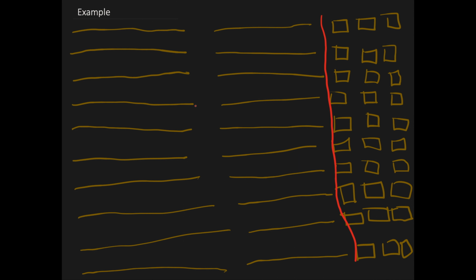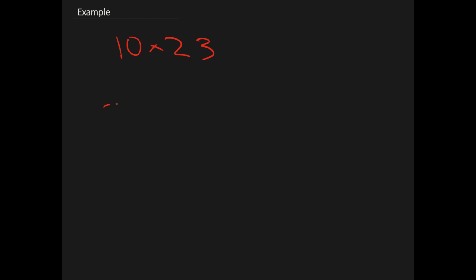Here we have 20 written down 10 times, and here we have 3 written down 10 times. So we have 20 times 10 plus 3 times 10, and what those two equal is our product.